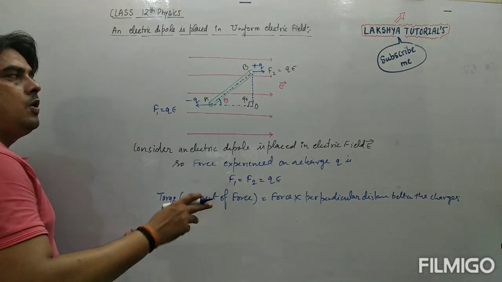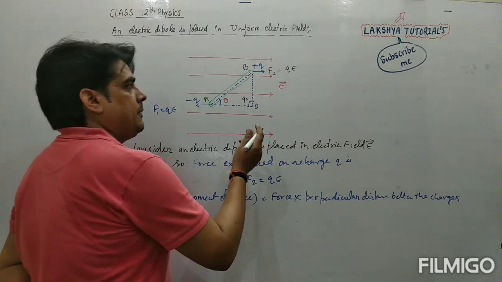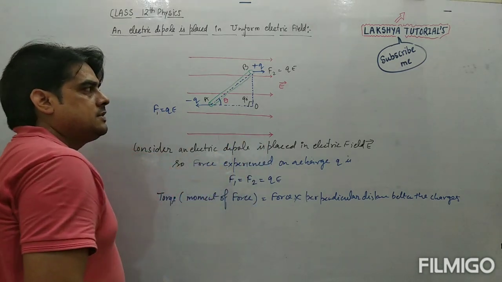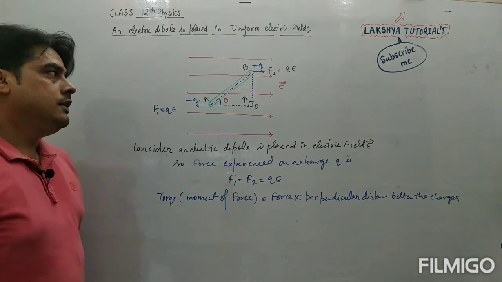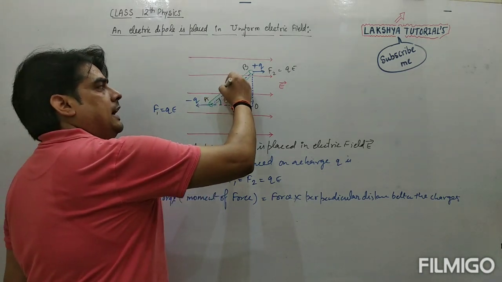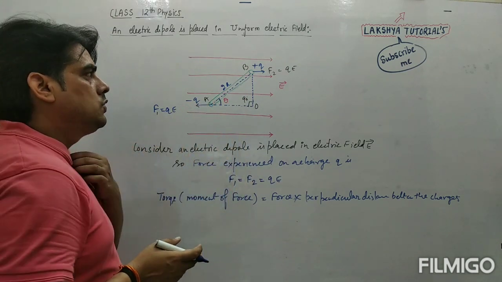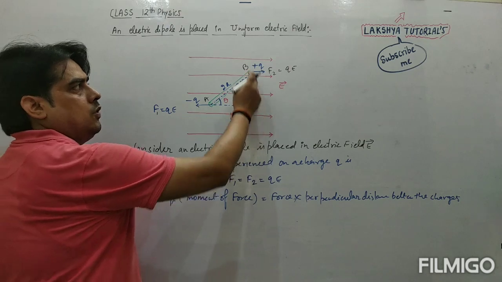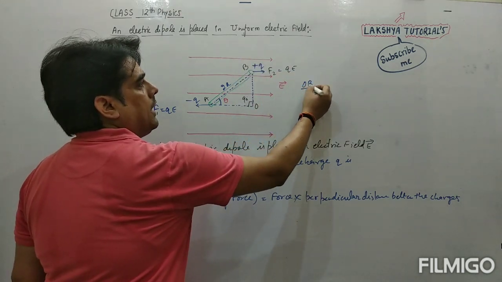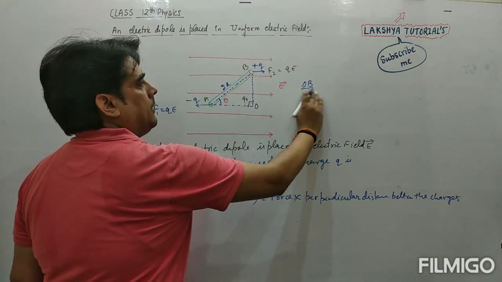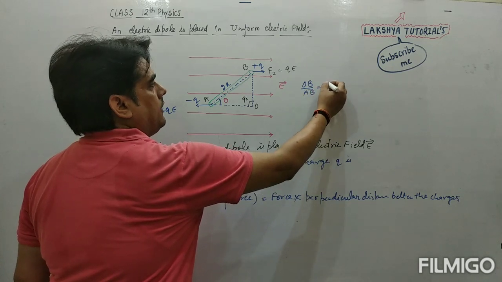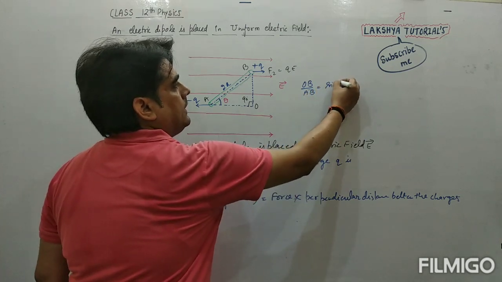So we find the perpendicular distance between the charges. Let us consider that the length of the electric dipole is 2a. So the perpendicular distance is OB, and OB upon AB is equal to sin theta.